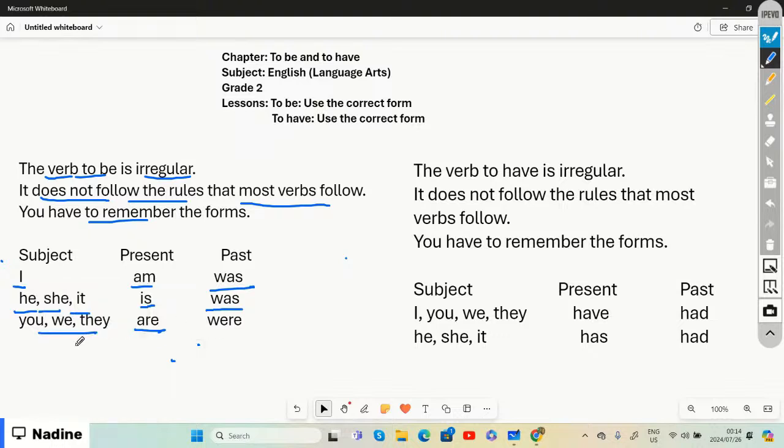So we can say you, we, and they were. So it's like more than one person were, one person was or is.